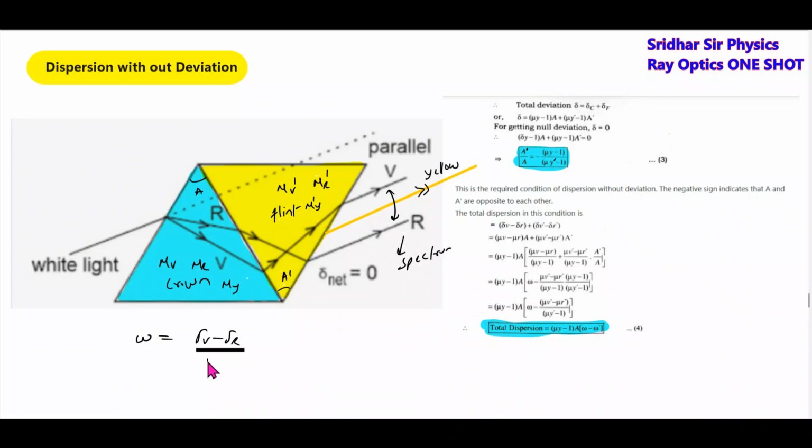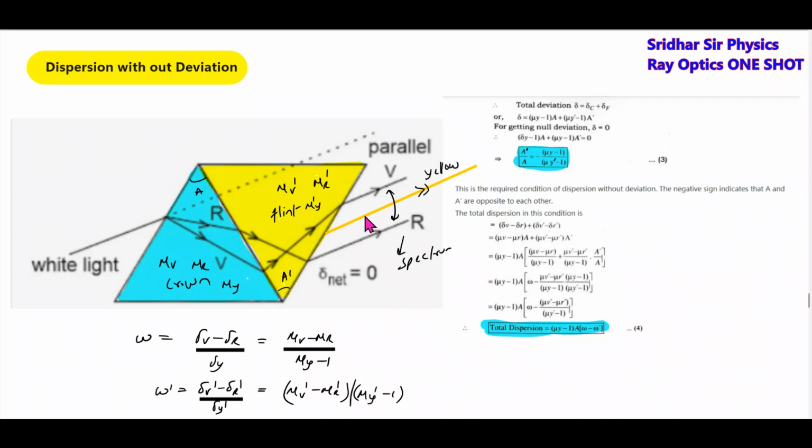Delta V minus delta R by delta Y. Okay, this is the dispersive power. So these things we have replaced here. Okay, fine. So these are the things you have to remember.